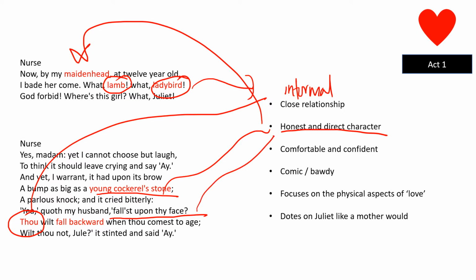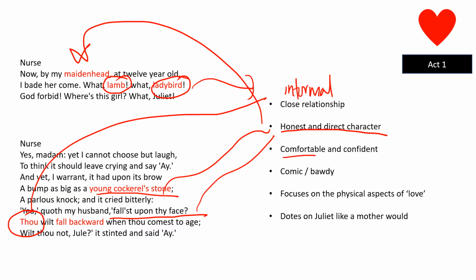And so she's very, very confident in talking about sexual things and things of a sexual nature. She's quite open and honest about it. So there's no manners about it. So it shows that she's quite a direct and honest character, but also the fact that she can talk about these things in front of Juliet and also Lady Capulet, so that she's quite a comfortable and confident character.